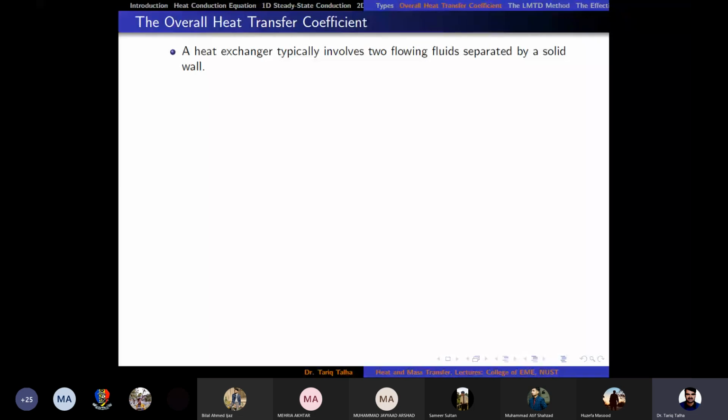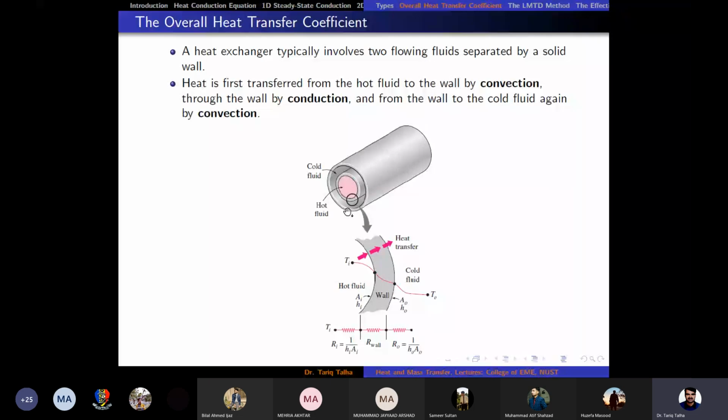If we see that concentric double pipe heat exchanger, we have a fluid passing through the inner tube, so there would be convection inside the fluid, and then the heat is transferred in the radial direction, so we would have conduction resistance through this cylindrical thickness, and then in the annular space we have the other fluid, so we would have another convection resistance for the fluid going outside this inner tube.